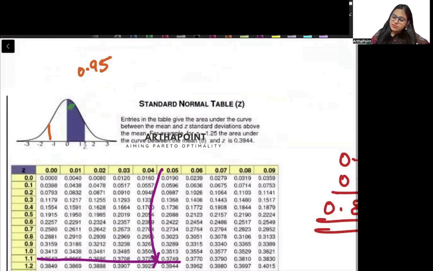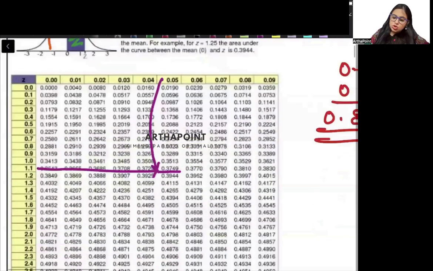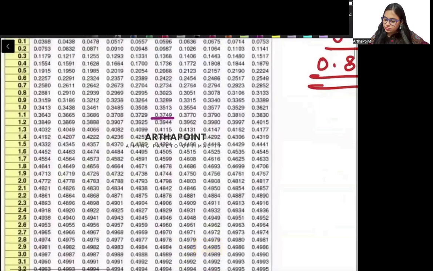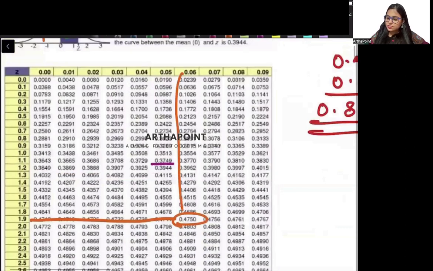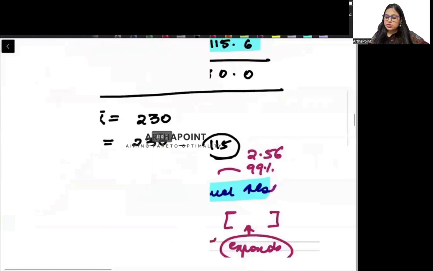So it will be 0.95 divided by 2, which is 0.475. If I look for the value 0.475, it comes here, approximately 1.96. So my Z value corresponding to this is 1.96.